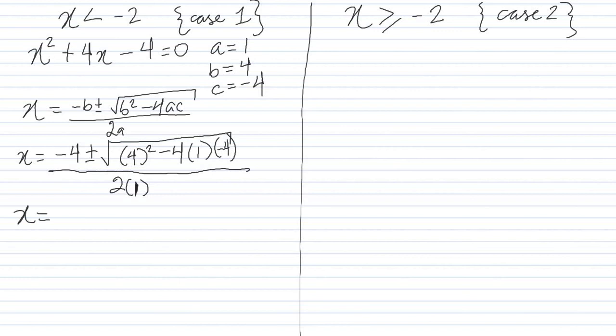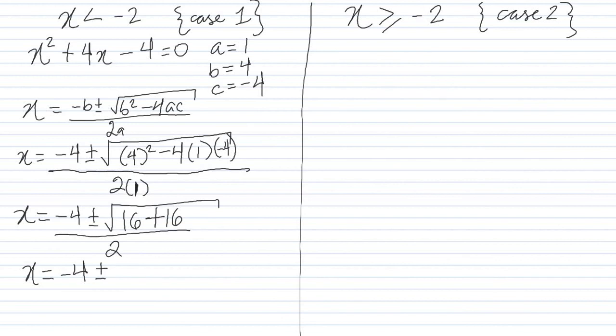That will be x equals negative 4 plus or minus the square root of 4 squared, which is 16, and negative 4 times 1 times negative 4 is positive 16, divided by 2. 16 plus 16 is 32, divided by 2. 32 is the same thing as 16 times 2, right?